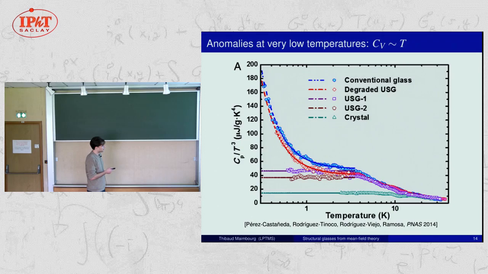And they are very stable, and they have this T cube law, but you see that it's in large excess with respect to the one that you would expect in a crystal state. And what you get instead for a more conventional glass, so those curves, where you would perform a very fast quench, so it's not so stable, is that the specific heat goes linearly with temperature, so that's the relation here.